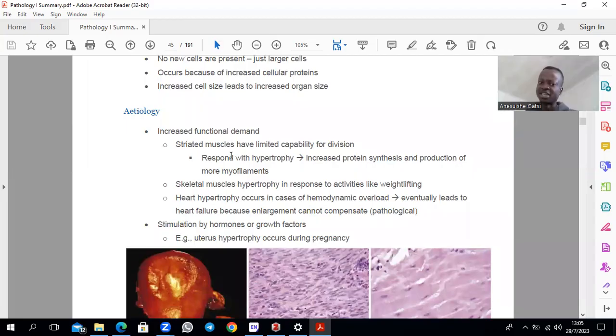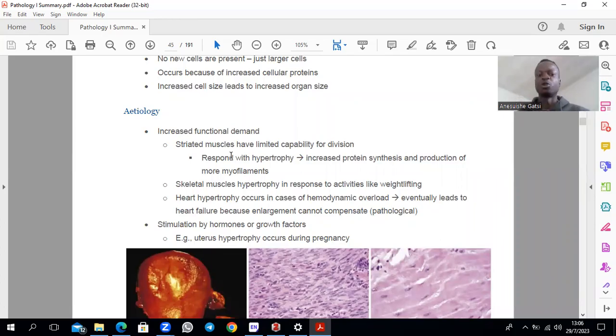Etiology, increased functional demand. For example, you are overambitious, you're a boy, you like girls, or maybe you like muscle. You go to the gym more than I don't know how many times per day. The increase in stress for that can lead to hypertrophy of skeletal muscle. Skeletal muscle is also a permanent tissue which cannot be regenerated, right? That's just an example.